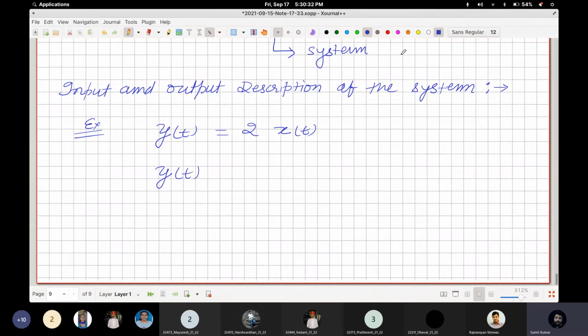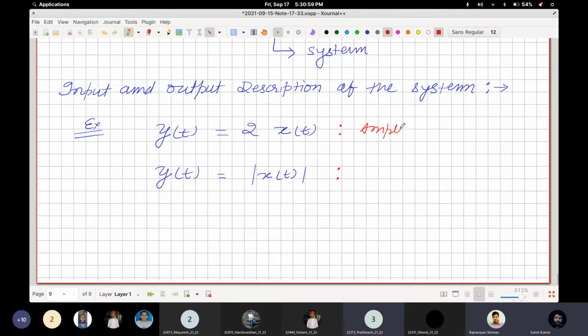First, have you seen this system anywhere? Have you seen this kind of system? Think hard, where do you find 2xt? It's like an amplifier.